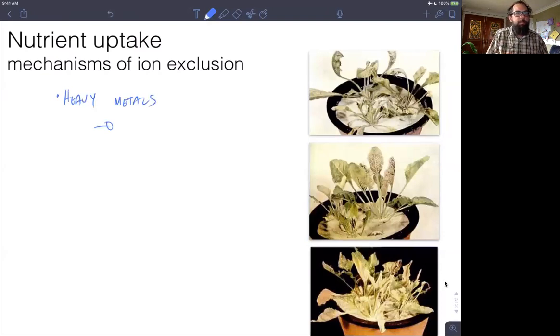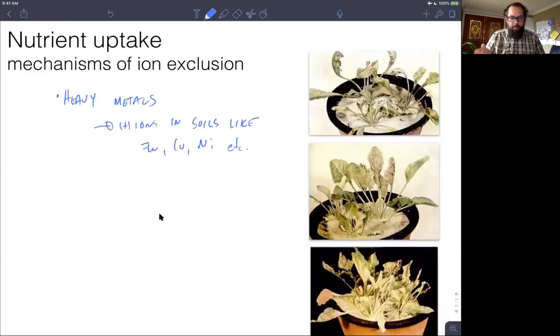In high quantities they're toxic to the plant, and most of these are positive ions in the soil, like zinc, copper, nickel, etc. These metal ions. The diagrams on the right show some phenotypes associated with copper toxicity.